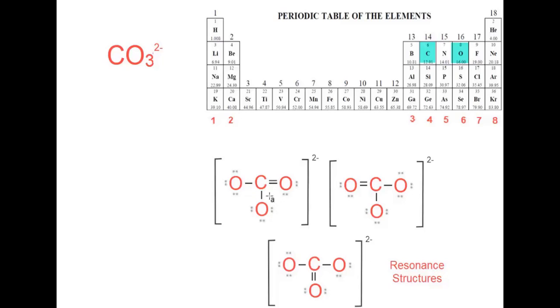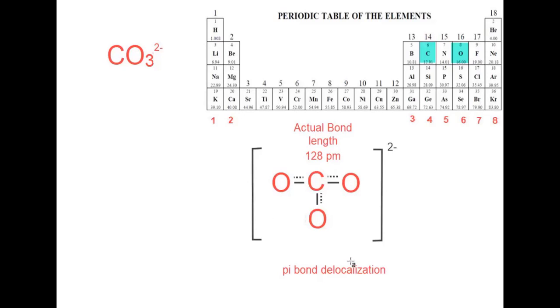Now, when you're asked to draw resonance structures, you show all the possible situations, as we have here. Another way of depicting it is to show the bonds sort of averaged out. It's called pi bond delocalization. And it's a very interesting factor. When pi bonds delocalize, they've got a very unusual energy.